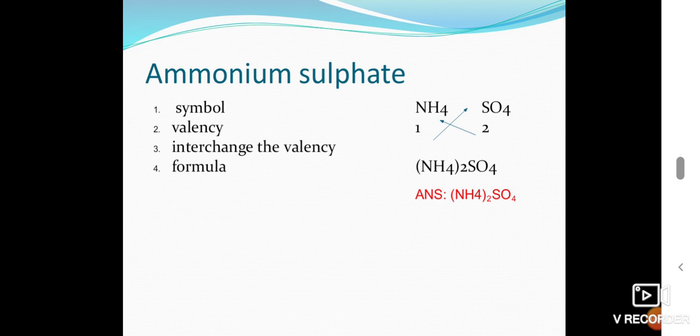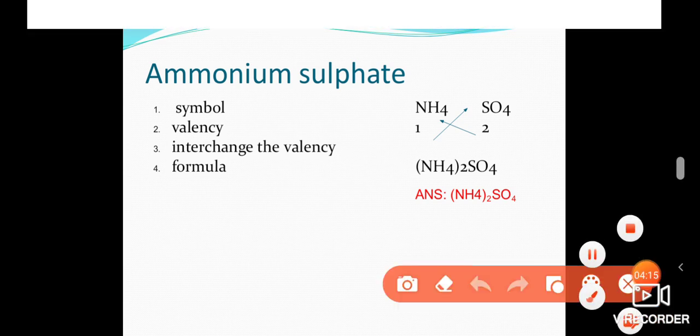And next, ammonium sulfate. First, ammonium. Ammonium is a polyatomic positive ion. Sulfate is a negative ion. So first, the symbol of ammonium is NH4, and we know the symbol of sulfate is SO4. Now, valency.